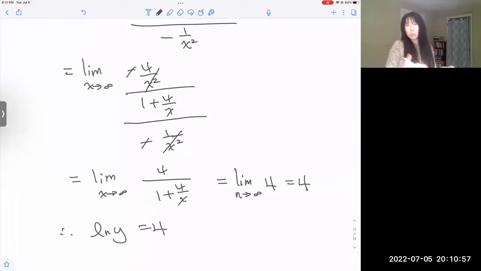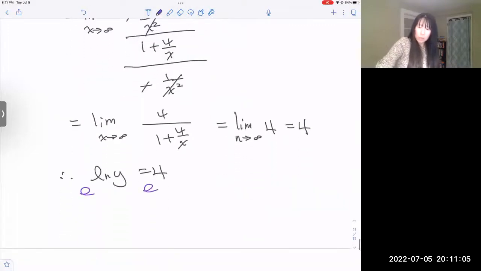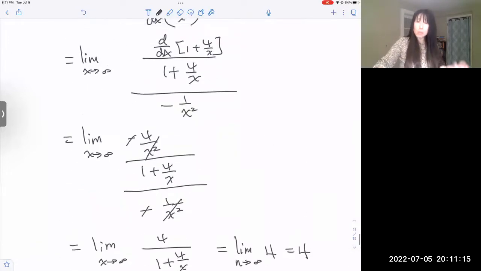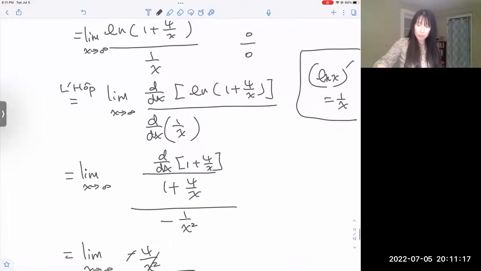Now we take e on both sides to get rid of the natural log, so y equals e to the 4th power. But what was y? We set y equal to the limit of the function.